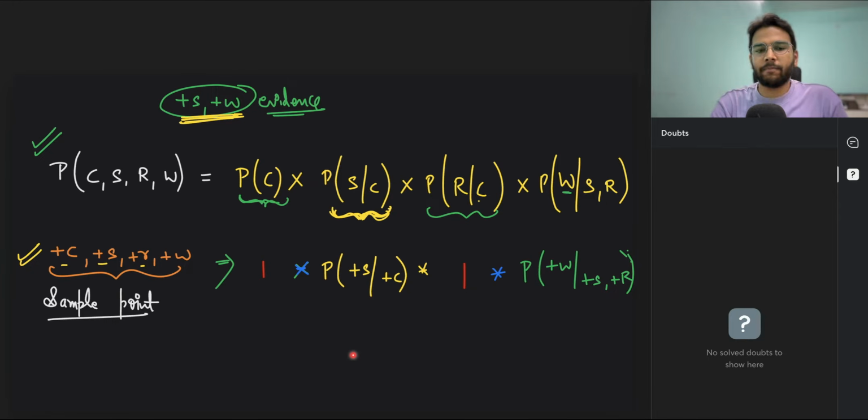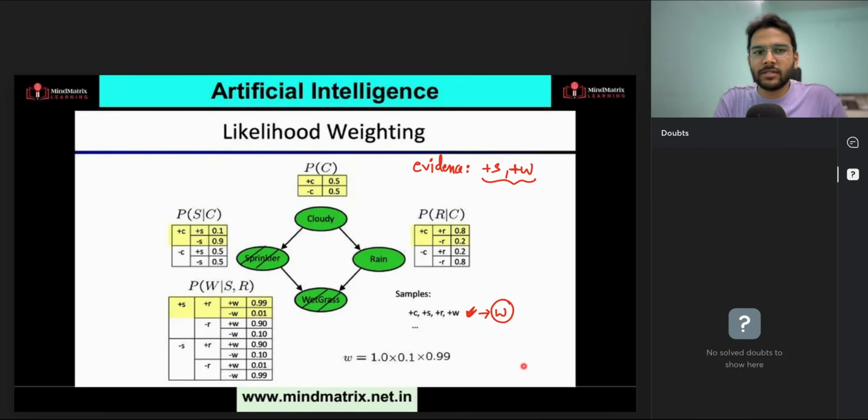All clear? Okay. So now using the CPT, we can find these values. Probability of plus S given plus C, can I say this is the value 0.1? Correct?